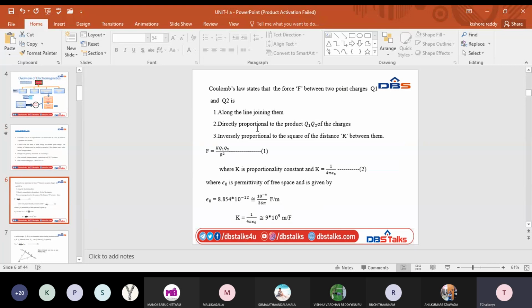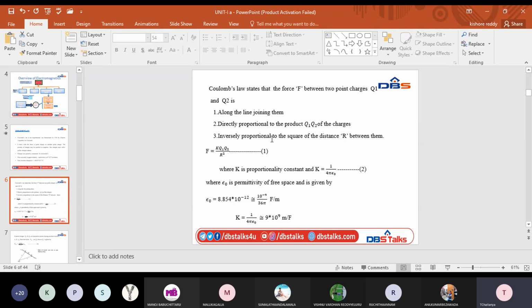Now we will see the statement. Let us consider there are two charges, charge 1 is Q1 and charge 2 is Q2.